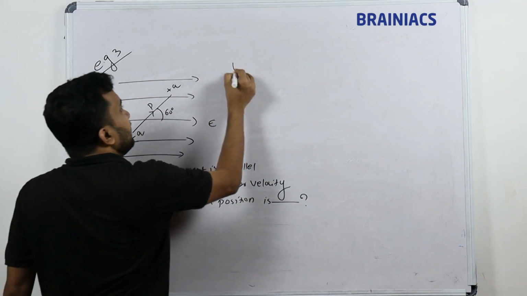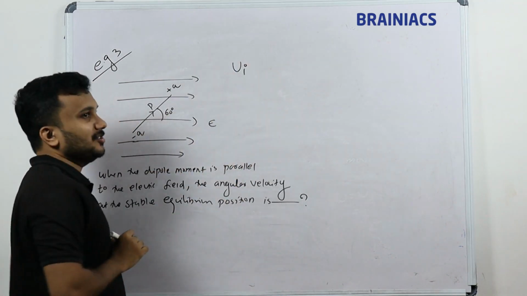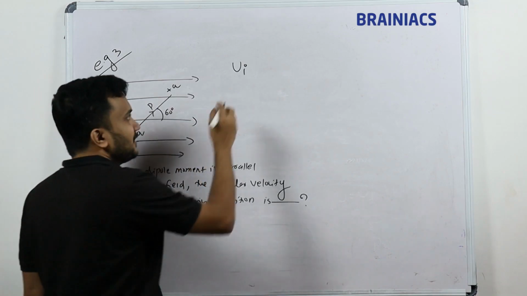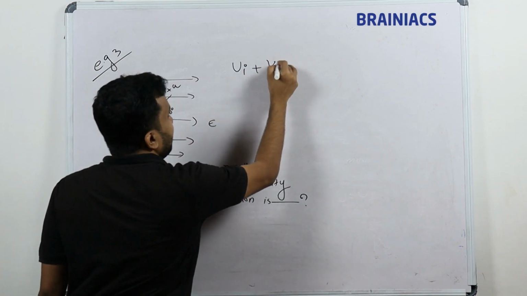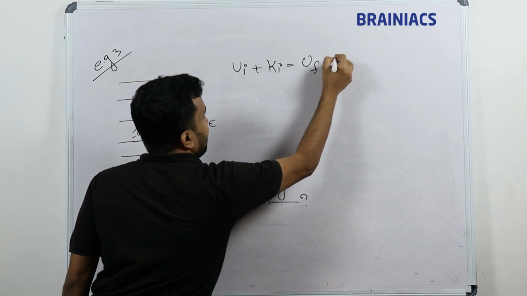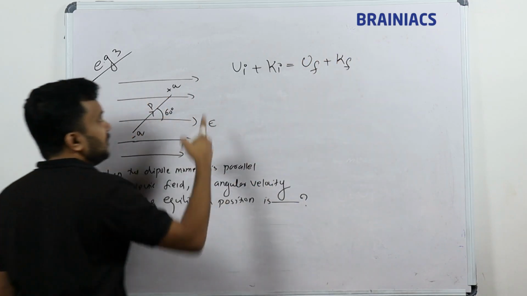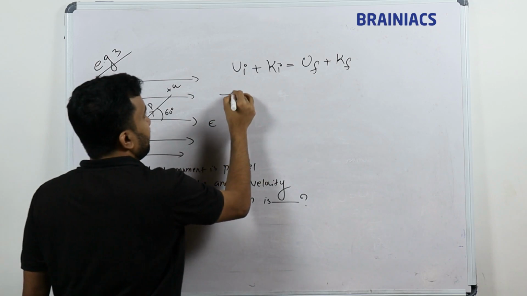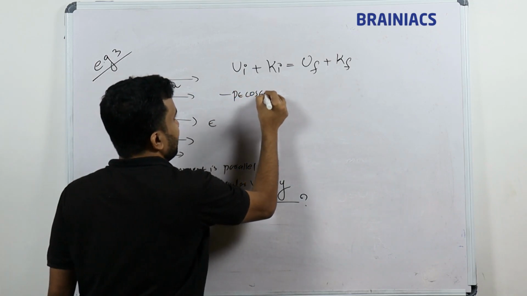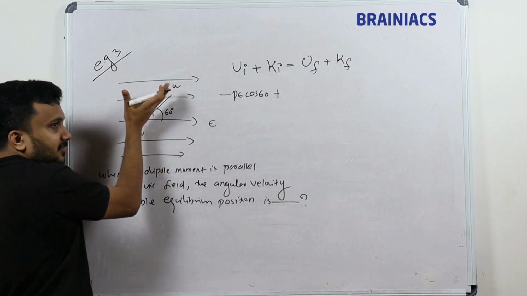Here we have to use the concept of conservation of energy, as in all this kind of question. Initial kinetic energy plus initial potential energy, which is minus PE cos 60 degrees, equals final potential energy plus final kinetic energy. I am assuming initially it is at rest, with no speed and no rotation.